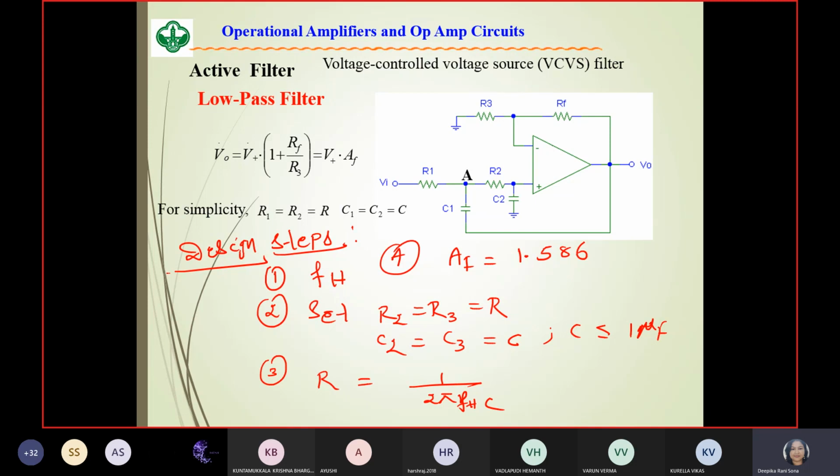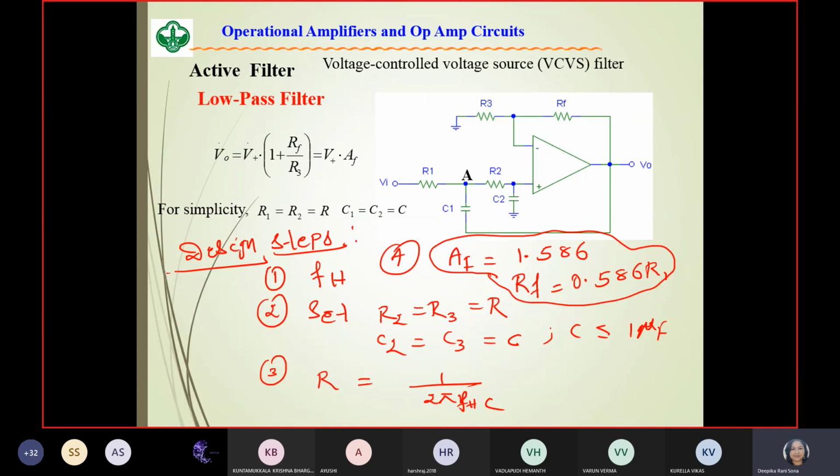So for the second order low pass filter, we are getting RF equal to 0.586 of R1. This factor you also have to remember.